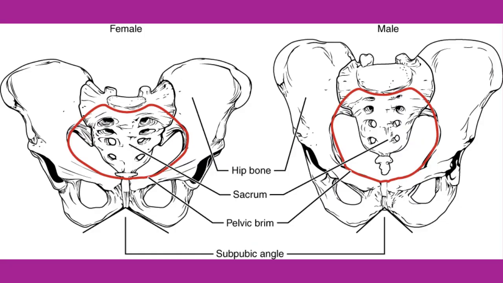The space enclosed by the bony pelvis is divided into two regions. The broad superior region, defined laterally by the large fan-like portion of the upper hip bone, is called the greater pelvis or greater pelvic cavity.